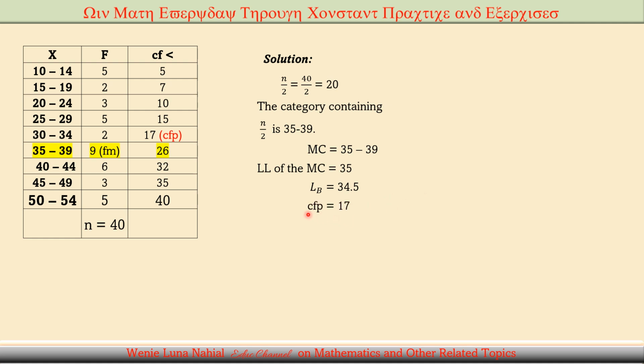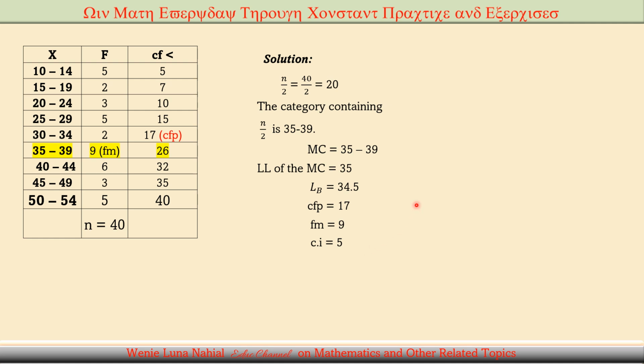The cumulative frequency before the median class is 17. It's right here. Then the frequency of the median class is 9. Look at the header, F, frequency. And then the class interval, which is 5.